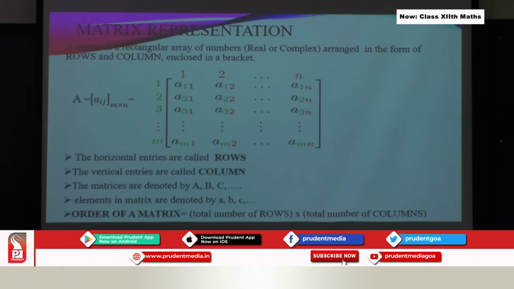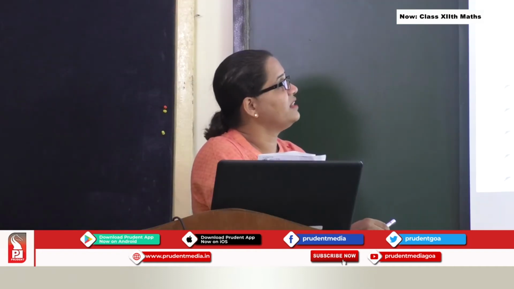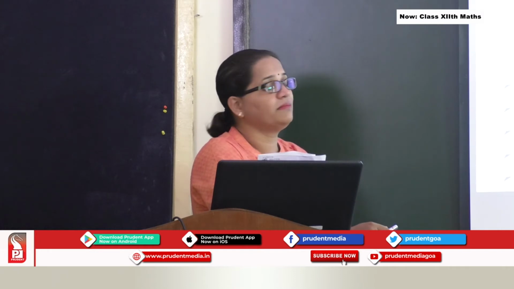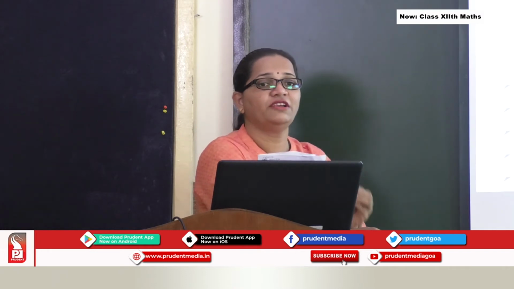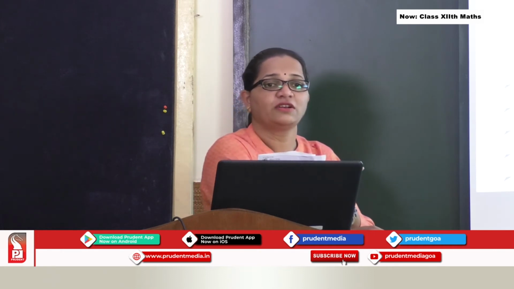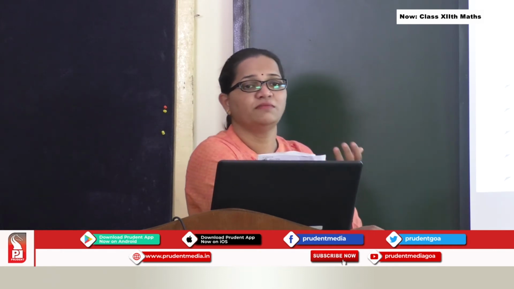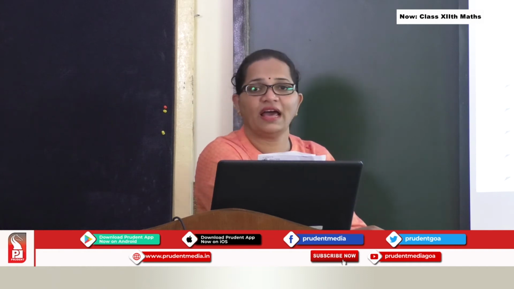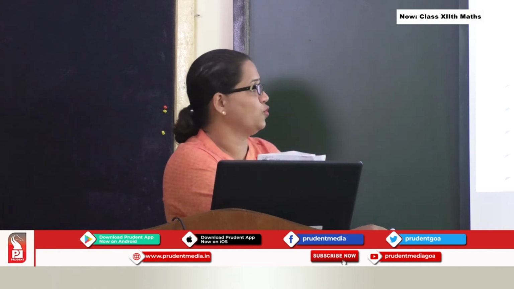Now when we talk about the entries of this particular matrix, you can have real numbers or complex numbers, or you can have different functions, which include trigonometric functions, modulus functions, logarithmic functions, and so on.